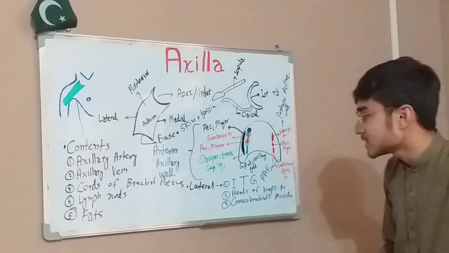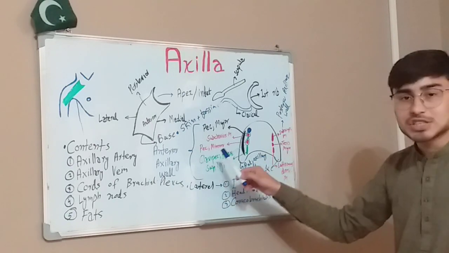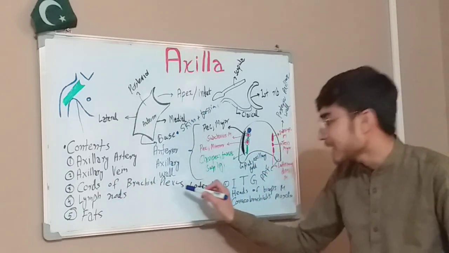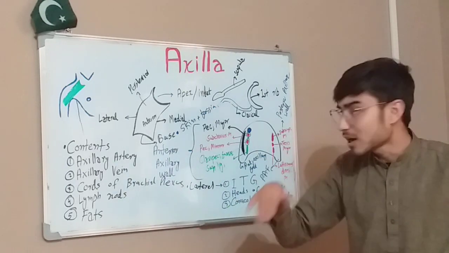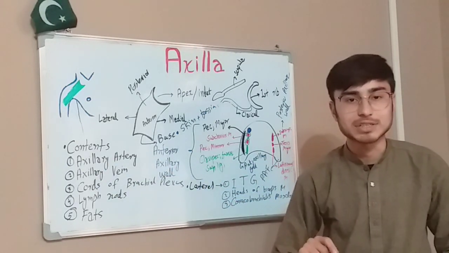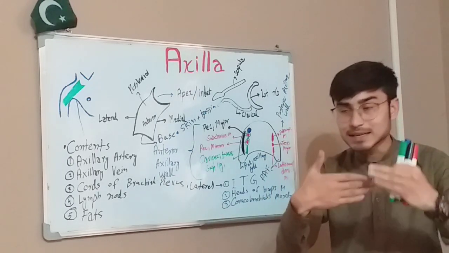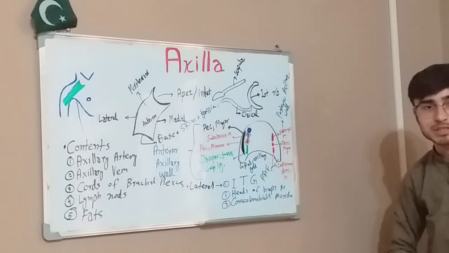At this very point, the cords of the brachial plexus are arranged around the second part of the axillary artery, which is beneath the pectoralis minor muscle.